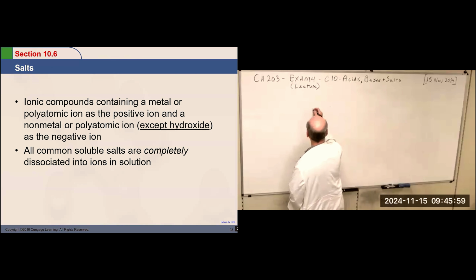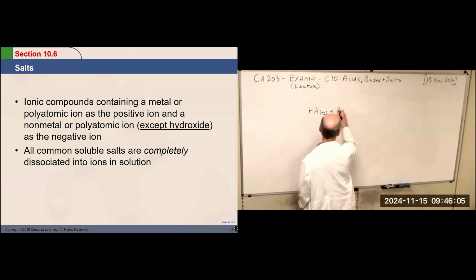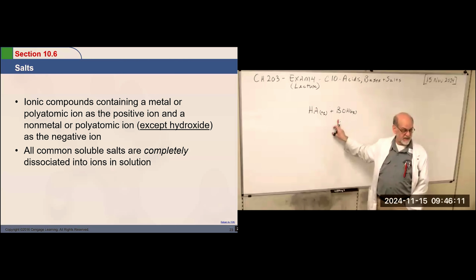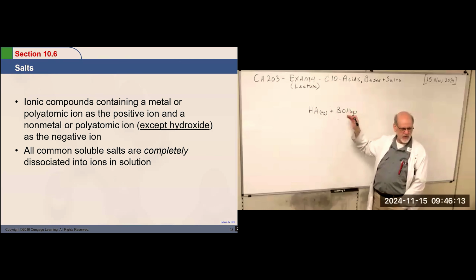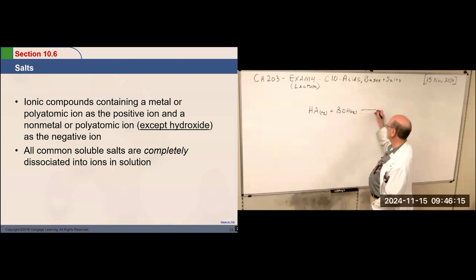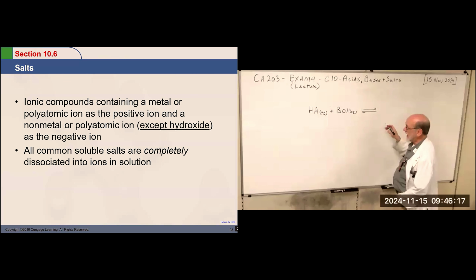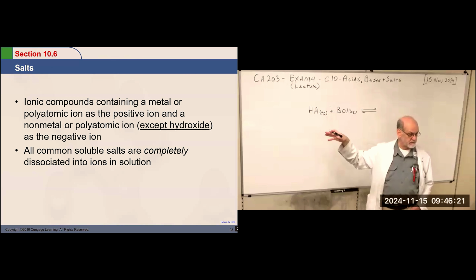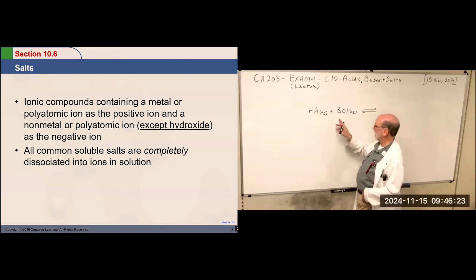So if we have an acid, and we're going to restrict our base for the time being to an Arrhenius base. It's easier to track that way. And then when it reacts, this is like a double displacement reaction, right?